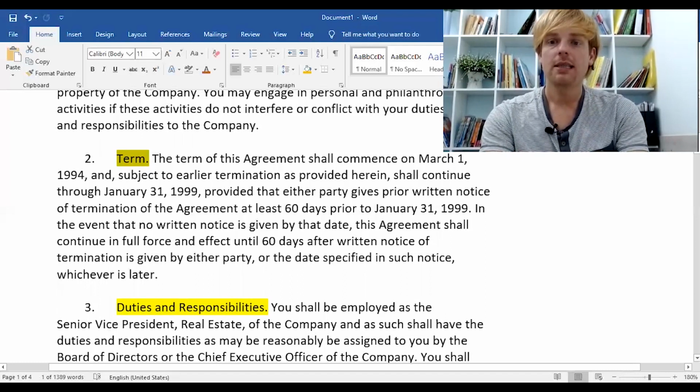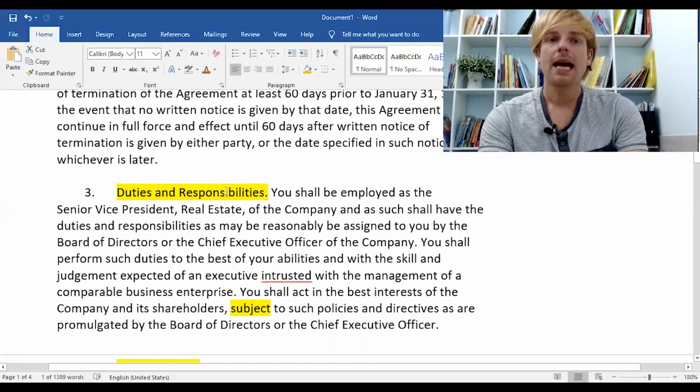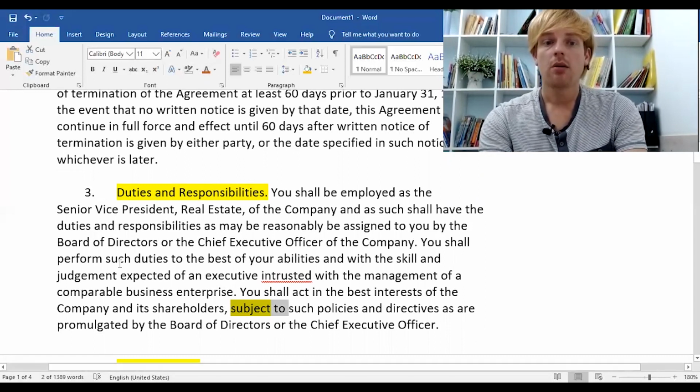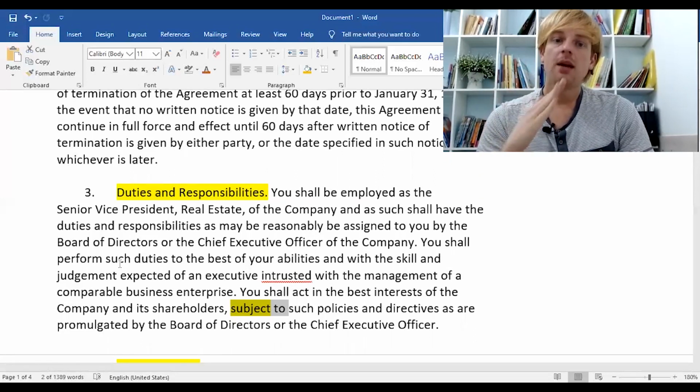Then you should see some familiar phrases such as duties and responsibilities. What is your job? You are a party. What must you do? The duties and responsibilities. You also see the adjective subject, often the phrasal verb subject to. Subject means following the rules.